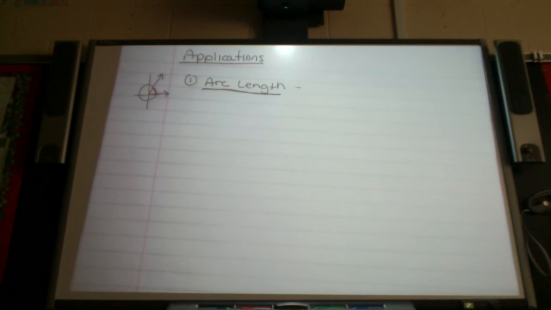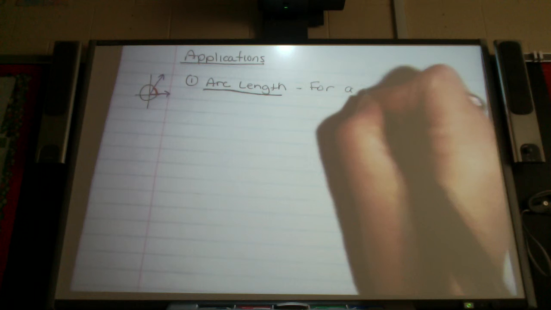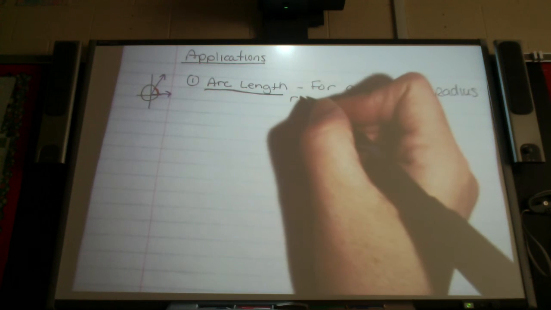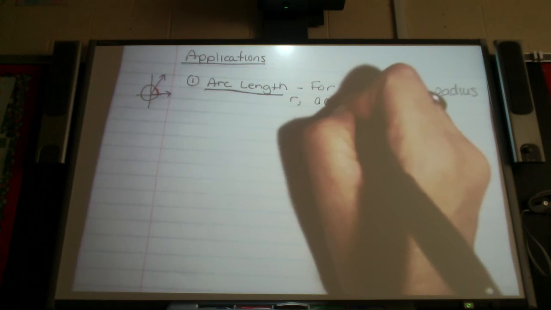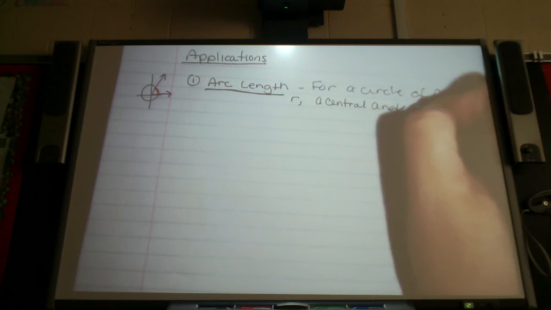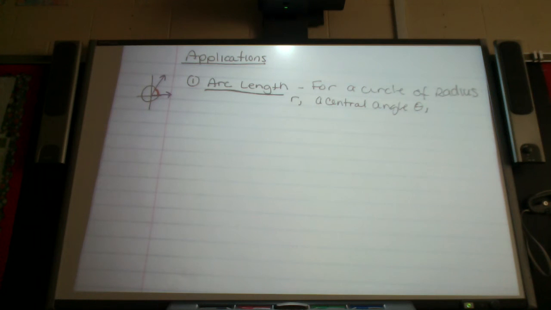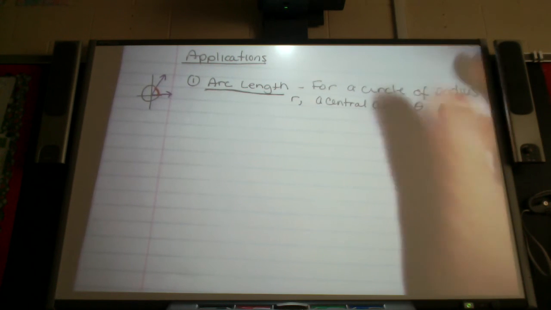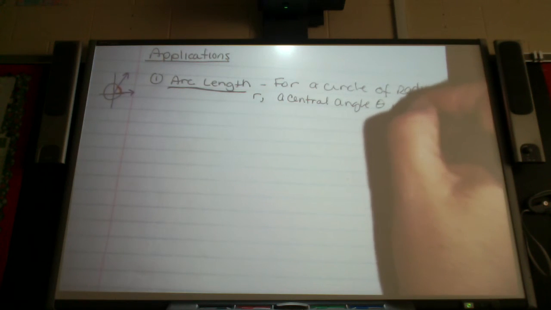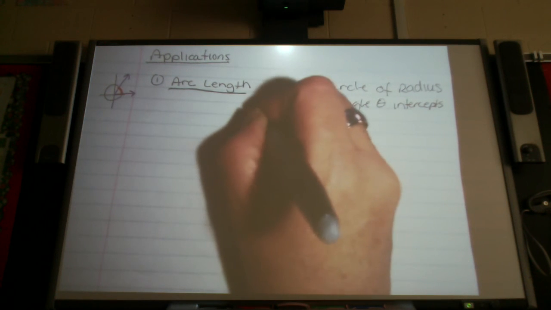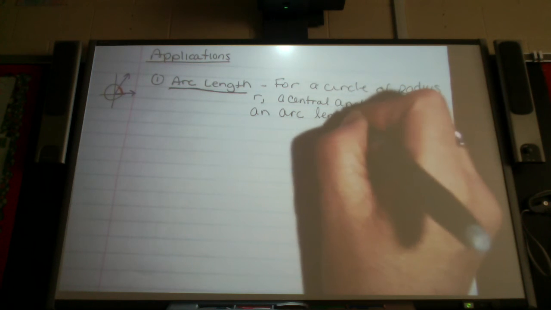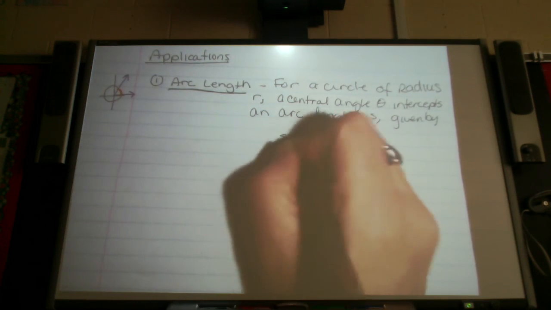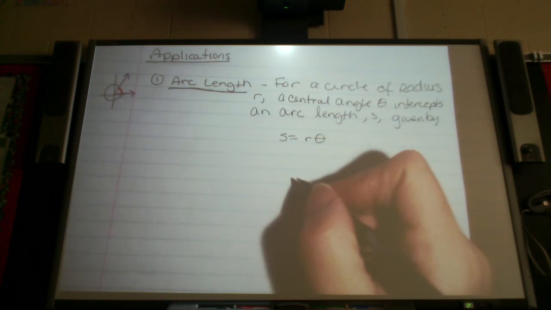And so for a circle of radius r, a central angle theta intercepts an arc length S, given by S equals R times theta, where theta is measured in radians.